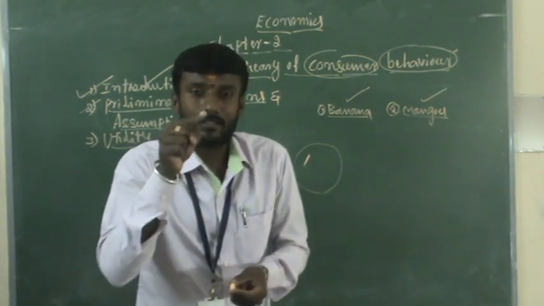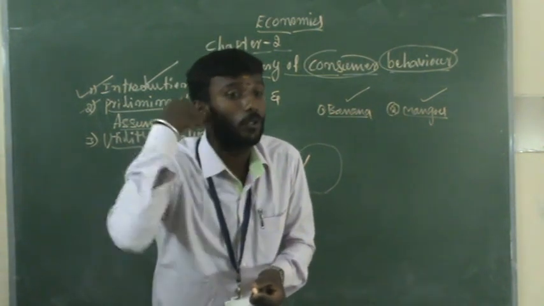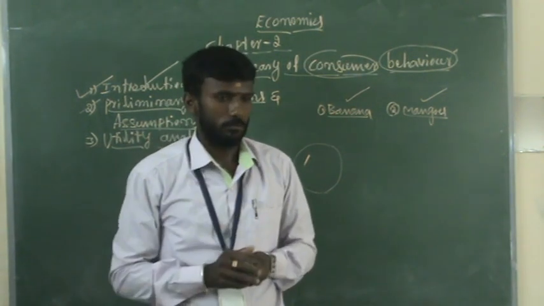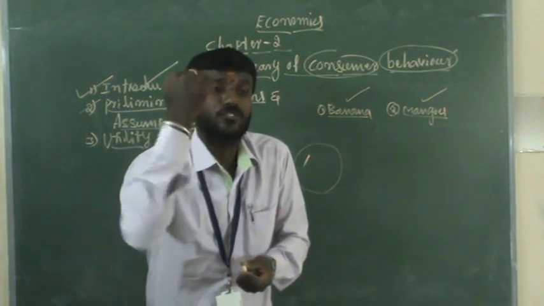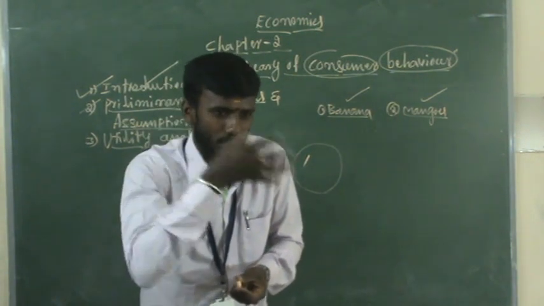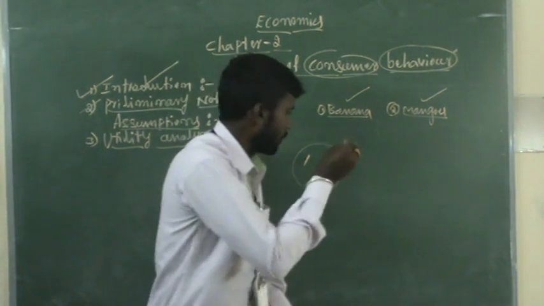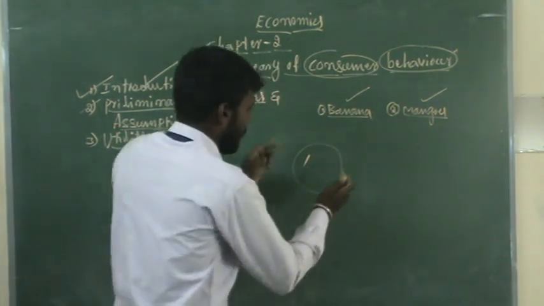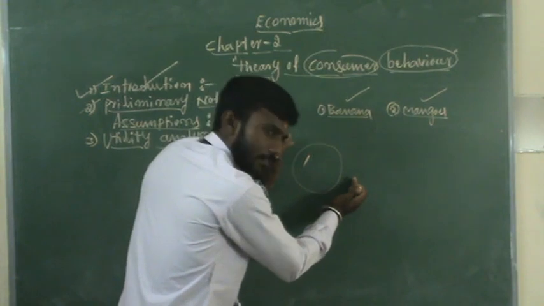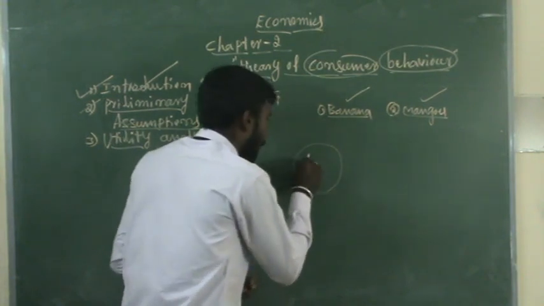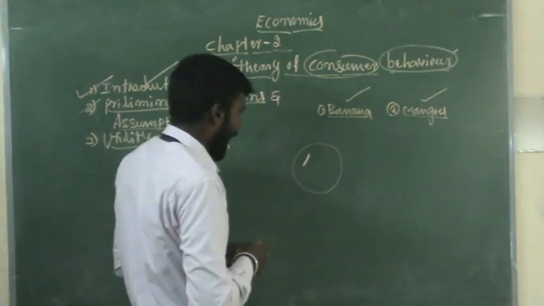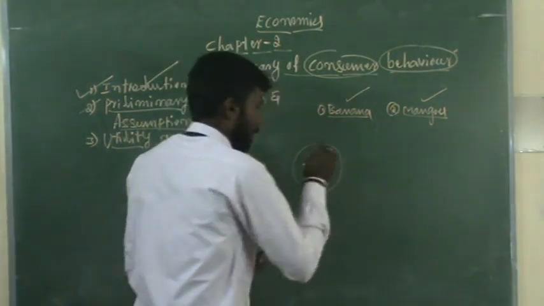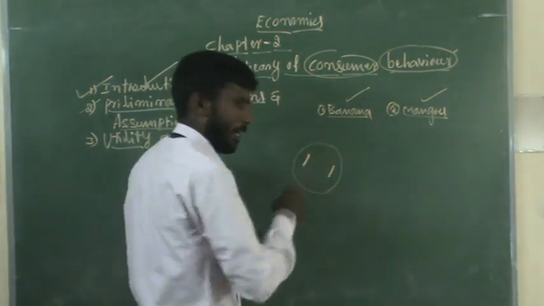Where there exist two or more, ಎರಡು ಇಲ್ಲ ಎರಡಕ್ಕಿಂತ ಜಾಸ್ತಿ ಏನಾದ್ರೂ ಸರಕುಗಳು, ಕಮಾಡಿಟೀಸ್ ಎಂತಕ್ಕಂಥದ್ದು ಇದ್ರೆ ಅದನ್ನ ನಾವು ಬಂಡಲ್ ಅಂತ ಕರಿತೀವಿ. See, for example, in this basket there exist one mango and another one is banana. One mango will be there, one banana will be there.